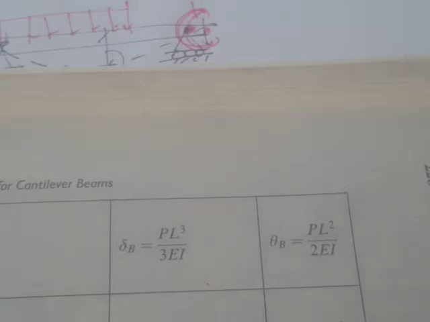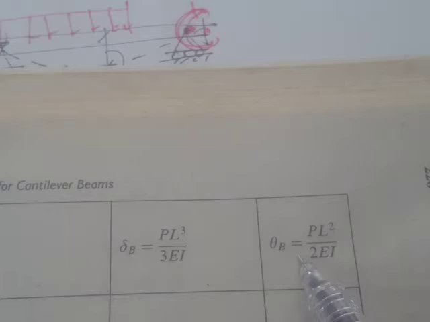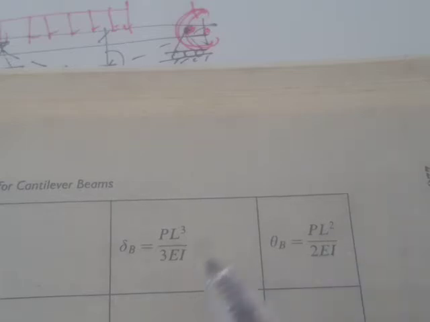And the last column is the slope. So what's the slope at point B, where the maximum deflection occurs? It's given by these expressions. Again, the general equation is given in this second column.